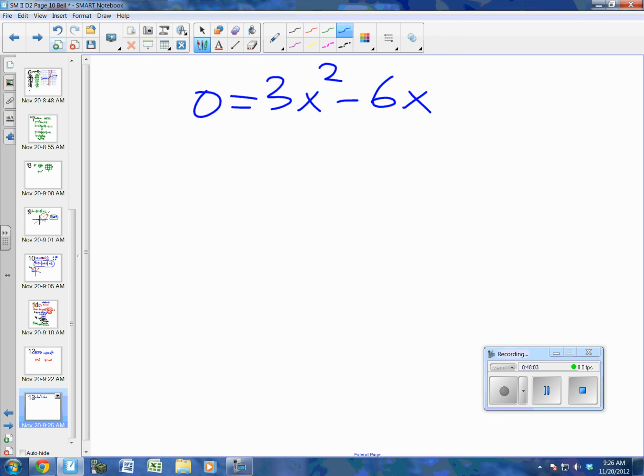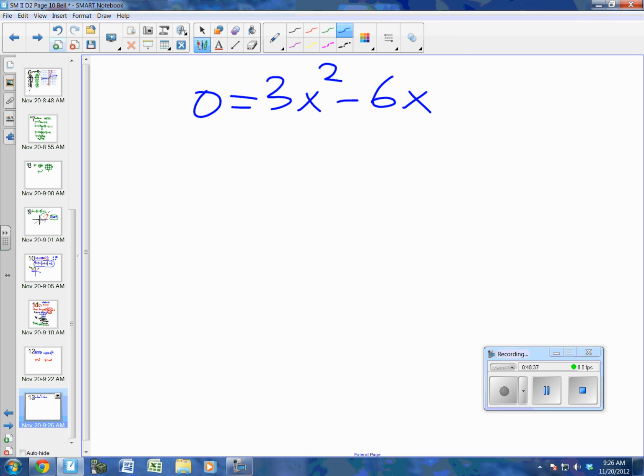What method did we learn for finding x-intercepts? What form did we have to put it in? Factored form. That's right, except this equation is a little bit different. What's different about this equation? The constant is 0, right? So this one factors a little bit differently. It's actually easier. I just want to make you aware of it. You have to find the common factor.